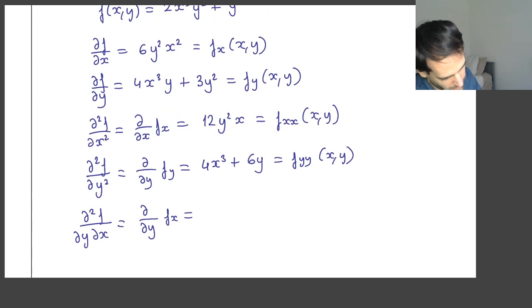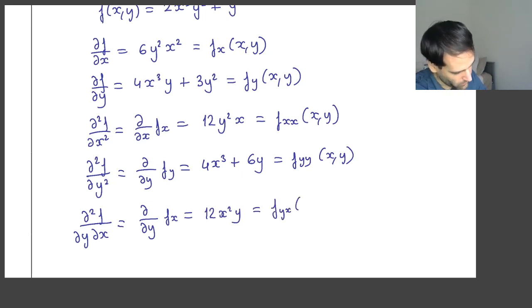So we need to do the partial with respect to y of this here. So what's the partial of this with respect to y? So x squared is a constant, and the derivative of y squared will be 2y, so that will become a 12. So it will be 12x squared times y. Okay, and this will be f yx of x and y.